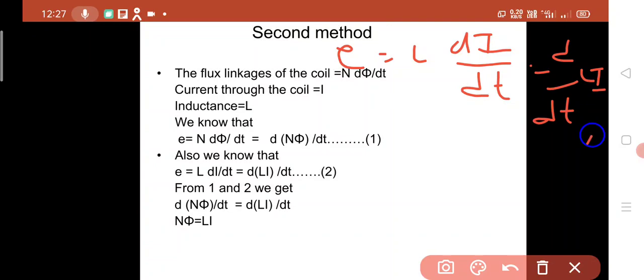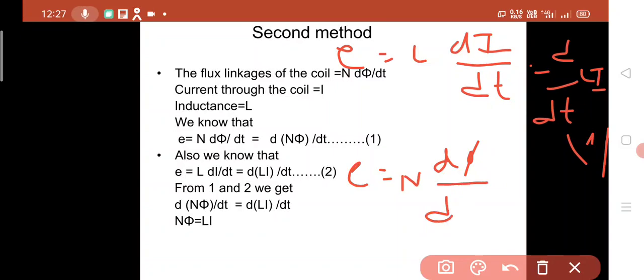This is equation 1. And the second one: e is equal to N into d phi by dt, so e is equal to d by dt of N phi. This is the second equation.